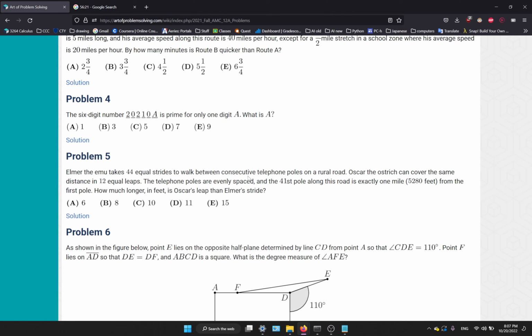So we're going to have to go 40 things, yeah? So 40 pole lengths, or distances between the poles, or you can even say pole gaps, is equal to exactly 1580 feet, yeah? So how many feet in one pole distance?